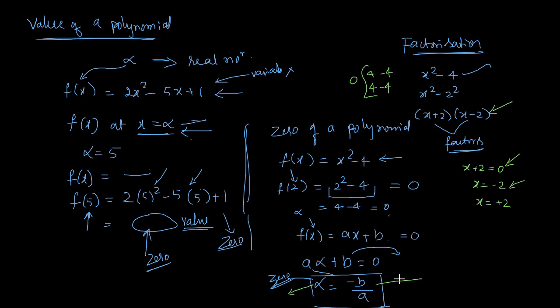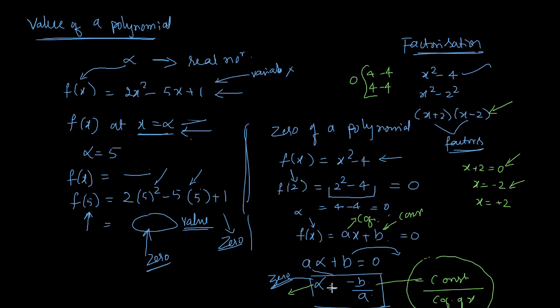So minus b was a constant, divided by the coefficient of x. As you can see, we mentioned that in terms of b and a, the constant and the coefficient.